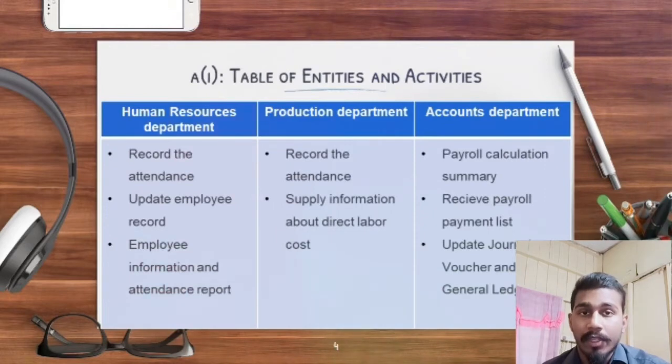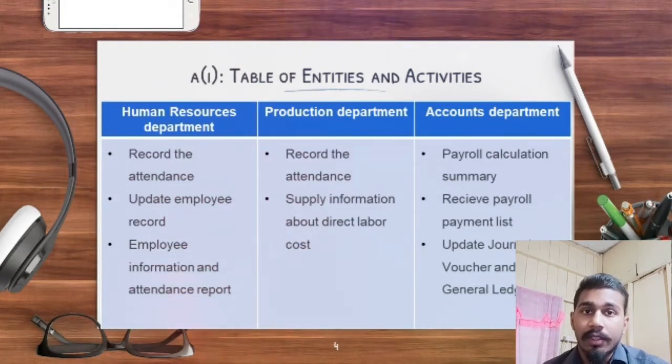Then for the production department, they get the information through time cards and also job tickets to record their attendance, and they also supply the information about the direct labor costs, which is useful for costing purposes.